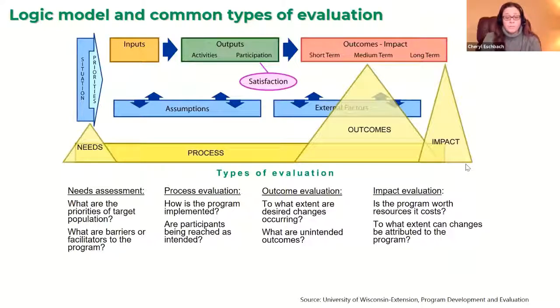Especially if a program's been implemented for many years, people need to determine whether it's still worthy of resources, or if maybe more resources should go to it. So return on investment seems to be getting more popular in extension, and I think program logic models are one way we could actually track that and document it in a realistic way.